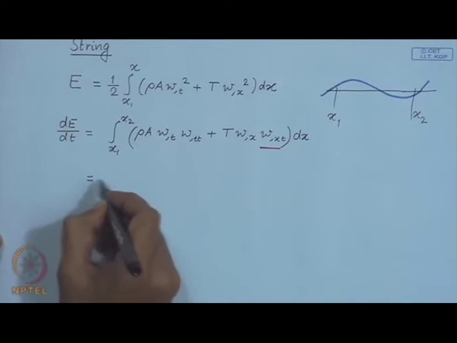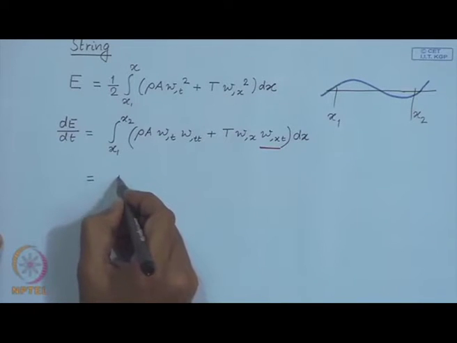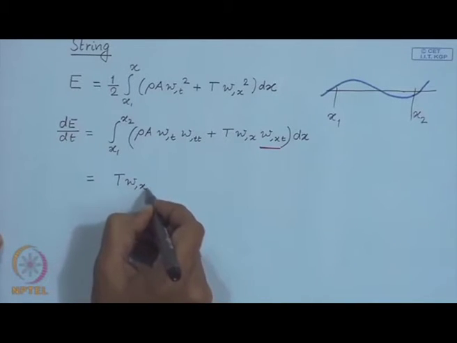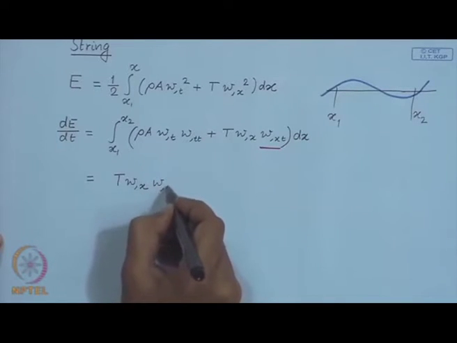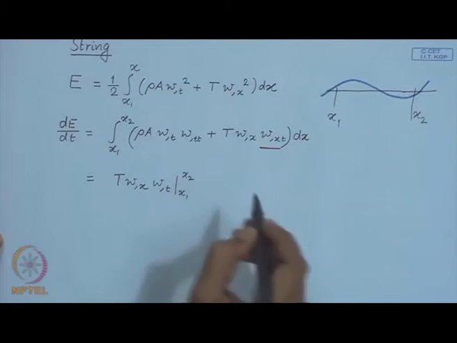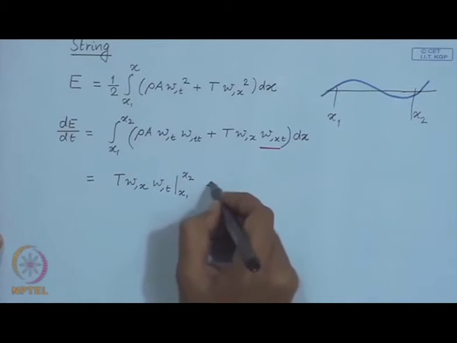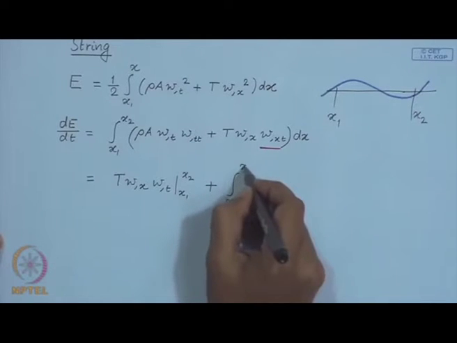So, then I can write the first function, the spatial integral of the second function, and then this integral.